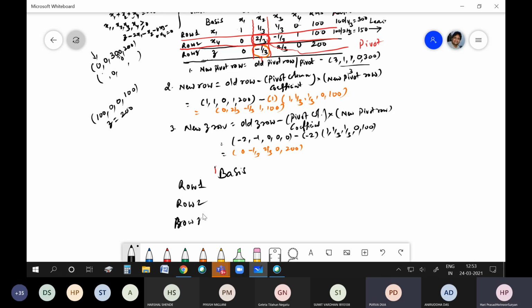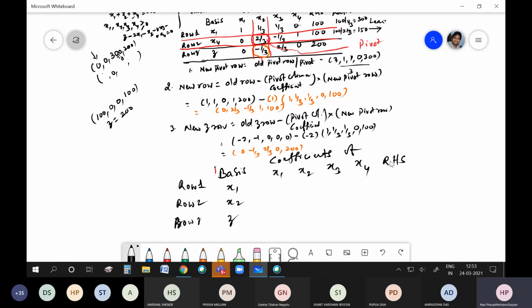X1 only. What about row 2? X2, because now X2 is entering and X4 is leaving, so it becomes X2. And row Z we write as Z. Then the coefficients of X1, X2, X3, X4.